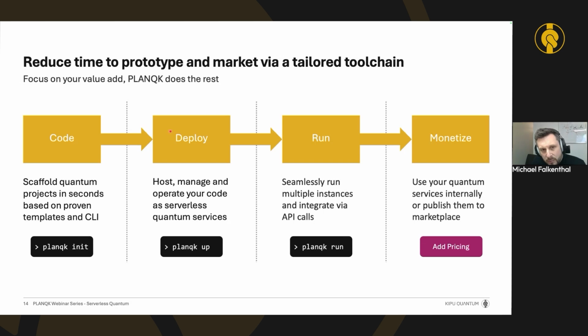The next step is the deployment step. Of course, development takes place on your local machine. Often it's done in Jupyter notebooks still, especially when you try to fiddle around with some libraries and try things out, and especially if you're in the early stage of quantum, when it comes to the learning part: what do we have to understand in order to transform a business problem into something that can then be solved by a quantum algorithm?